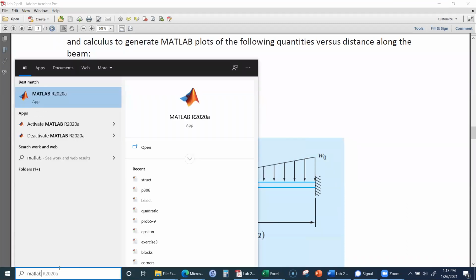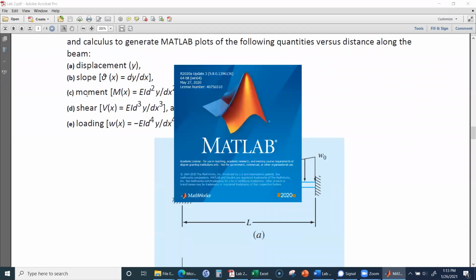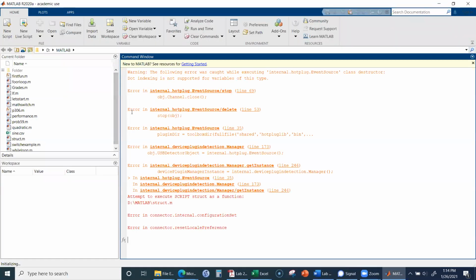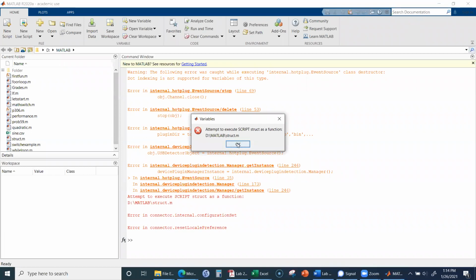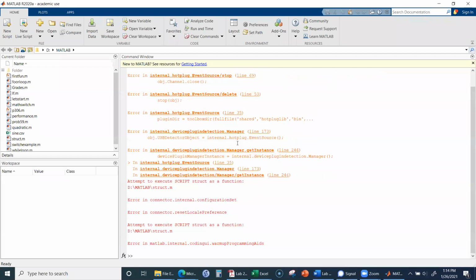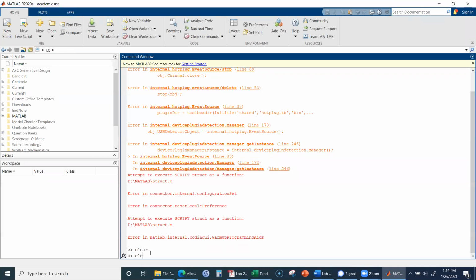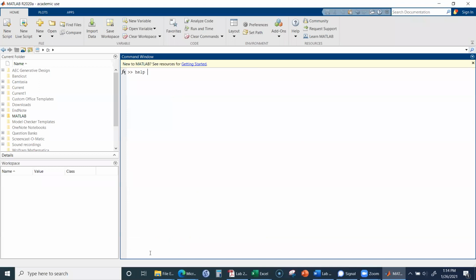It starts to invoke something from the script, maybe it tries to open some kind of variable from the script. Maybe I can use some other window. Okay, clear, clc, help plot. Yeah, I think my MATLAB has run into some problem.